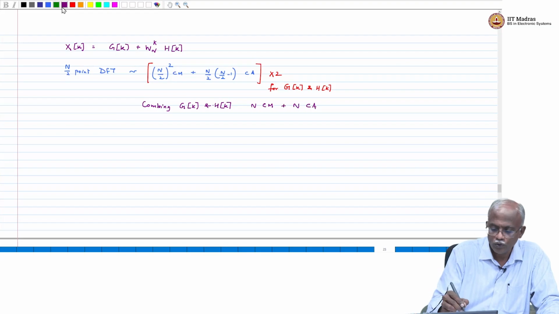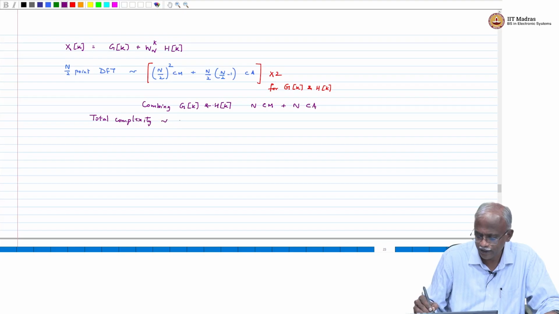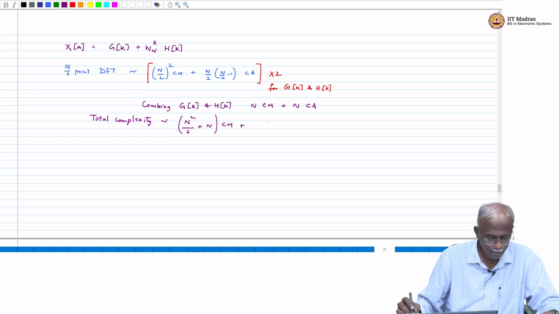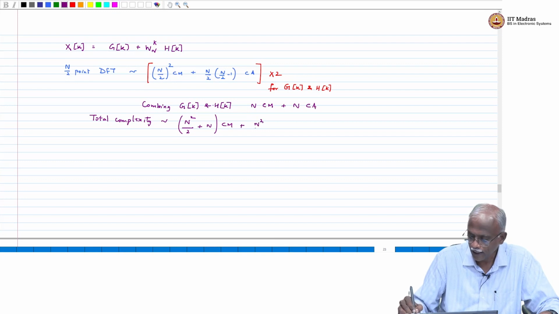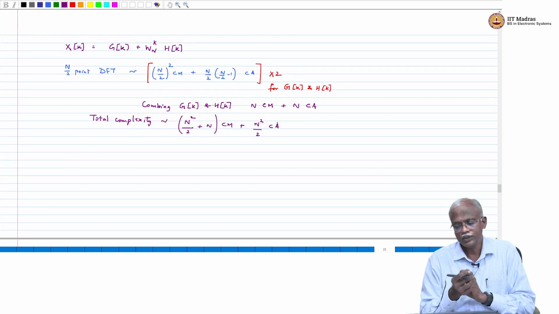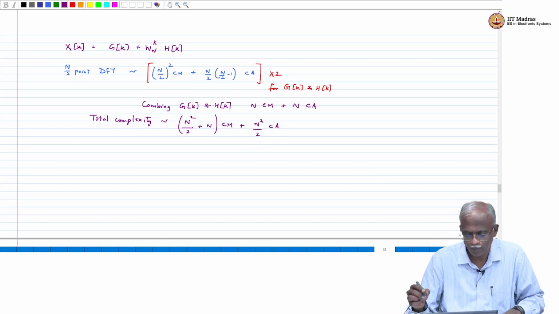So the total complexity after we have reduced it to two N/2 point DFTs is approximately N squared by 4 into 2 plus N complex multiplies, plus of the order of N squared by 2 complex additions. You can verify that this is the complexity.